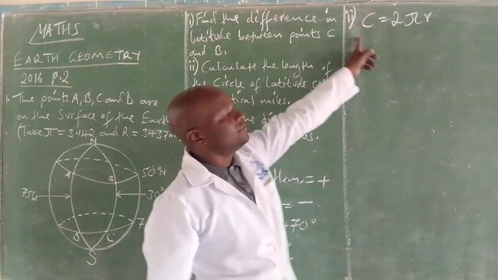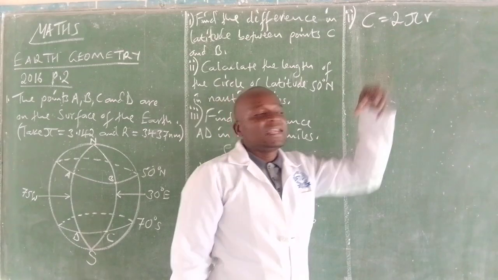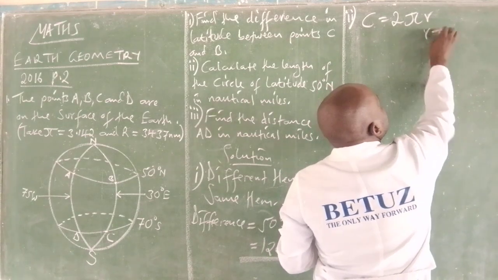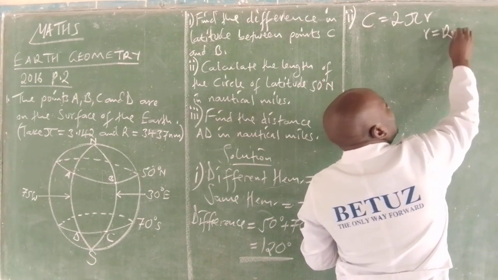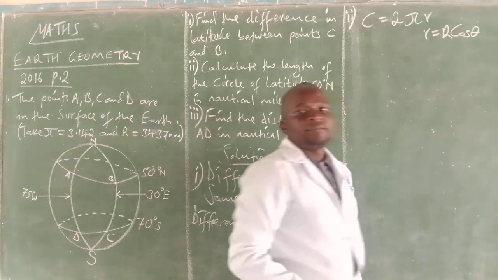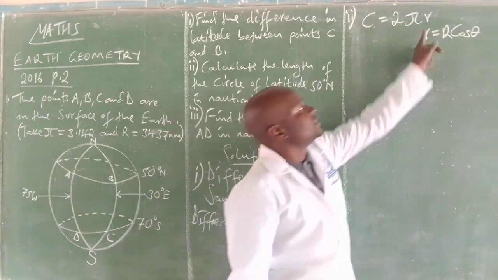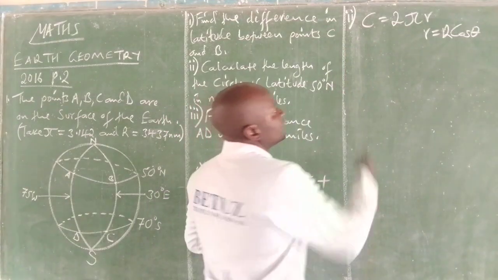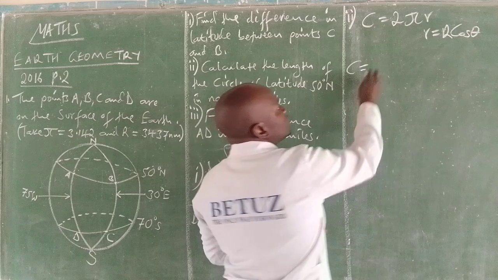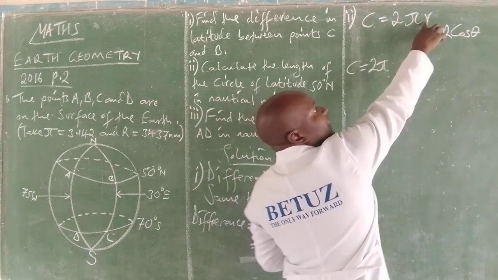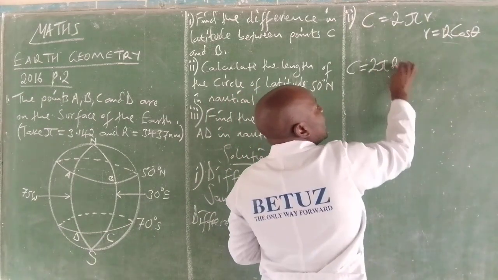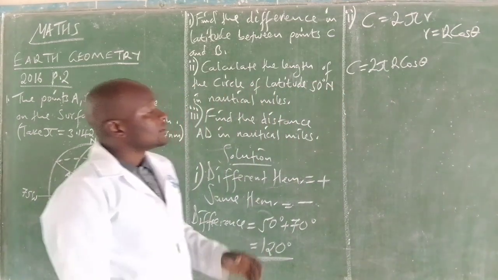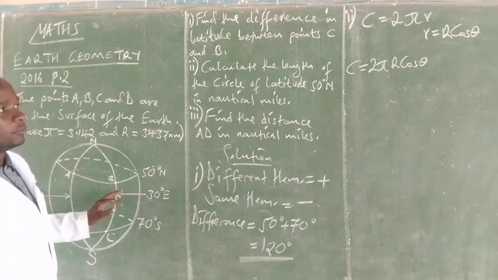Now, here in geometry, the small radius r is equal to capital R cos theta. So our circumference formula in Earth geometry is circumference equals 2 pi R cos theta. That is how we find the circumference of any latitude on the globe.